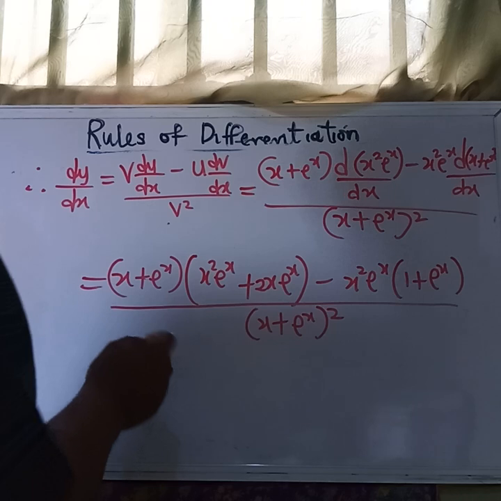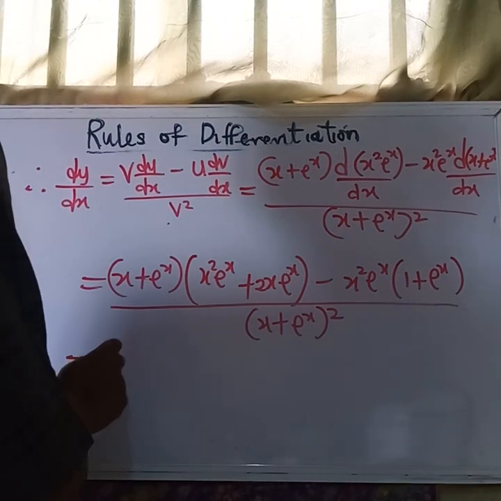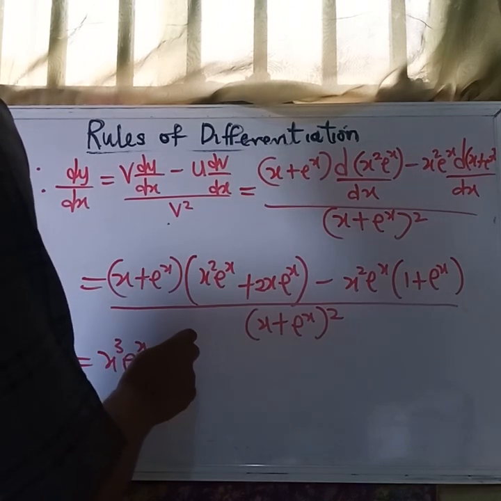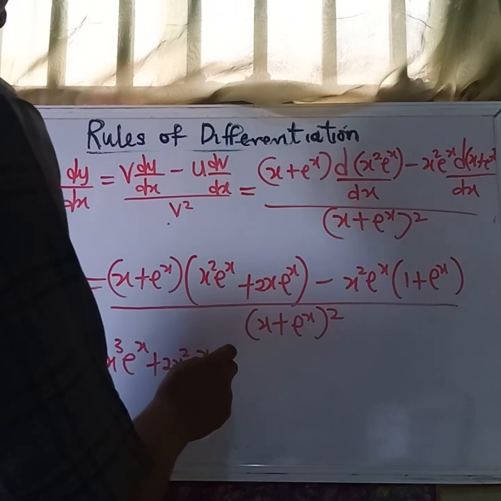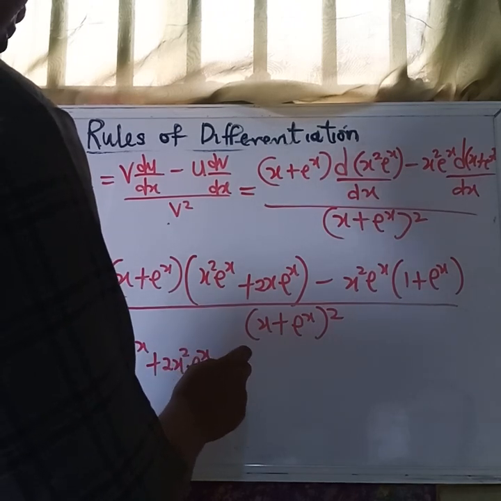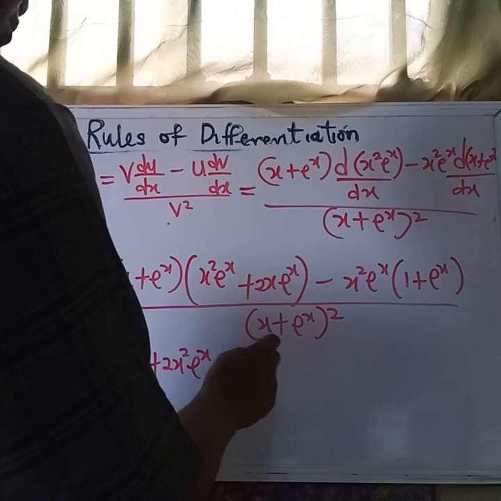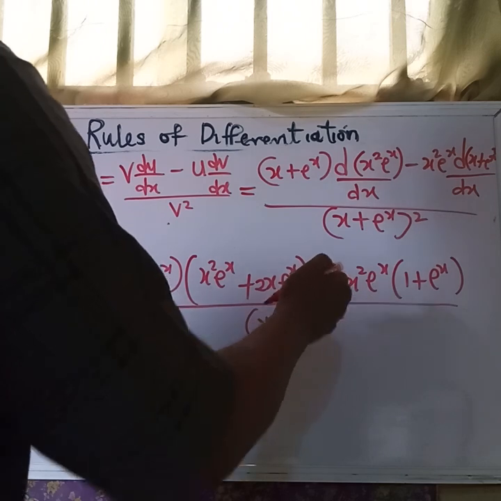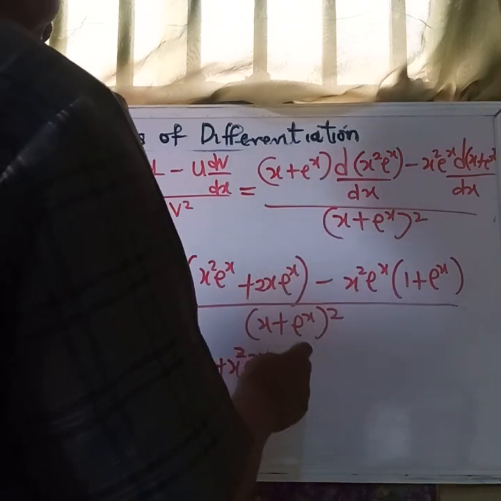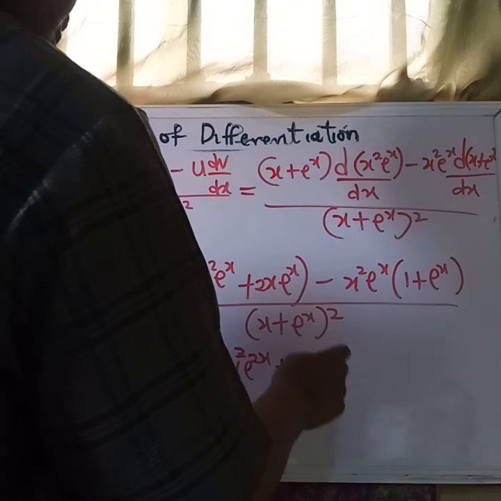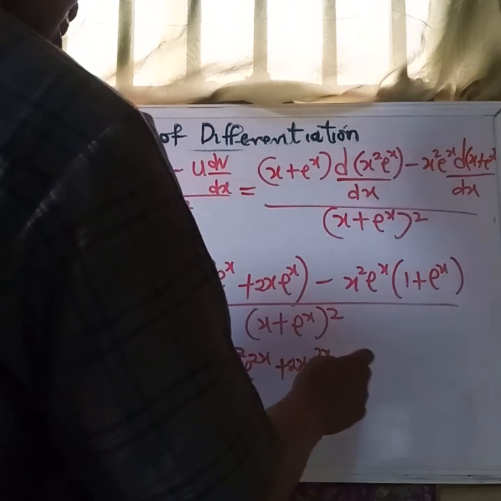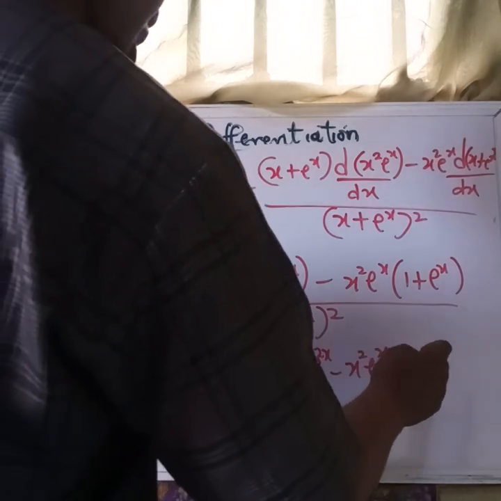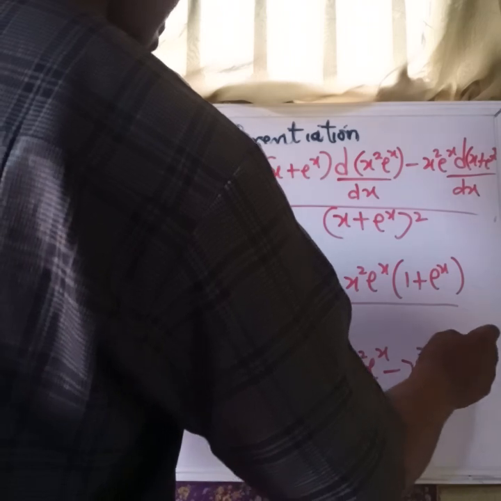If we expand this, this will be x cubed exponential x plus 2x squared exponential x plus x squared exponential 2x. So we are expanding the term that we have here. Plus 2x exponential 2x minus x squared exponential x minus x squared exponential 2x.